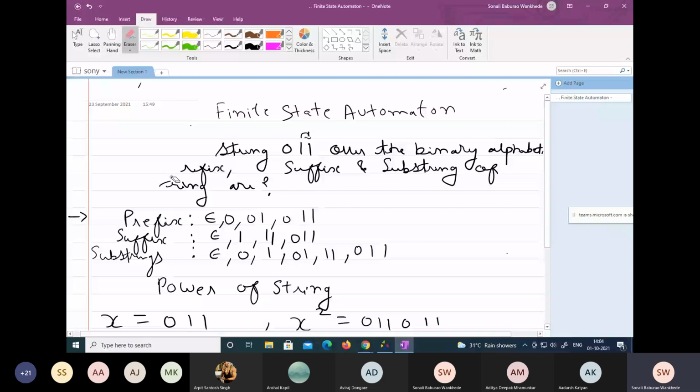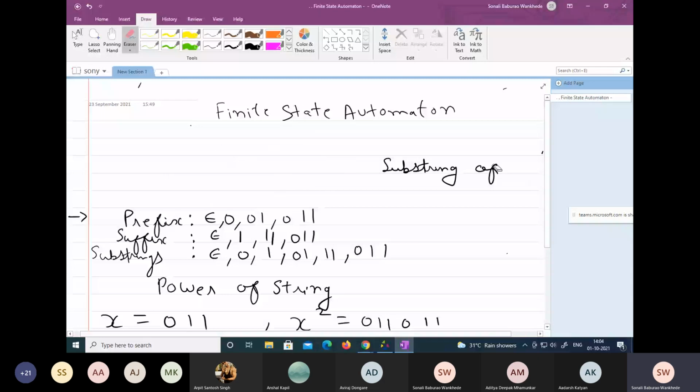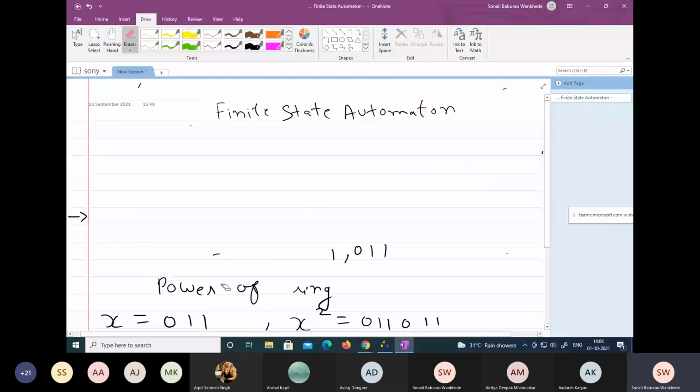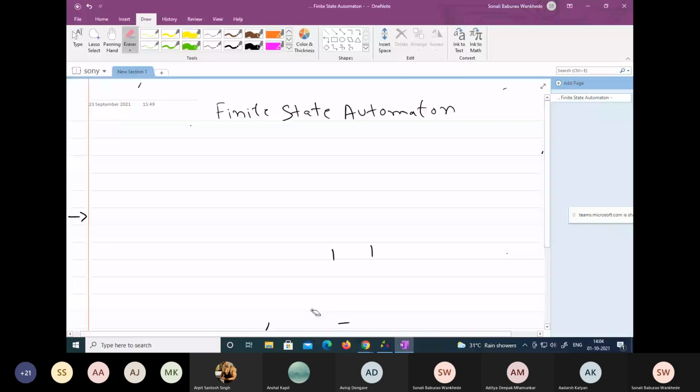Okay, next, as we have started with finite state automaton, this finite automata is further categorized or classified in this way.